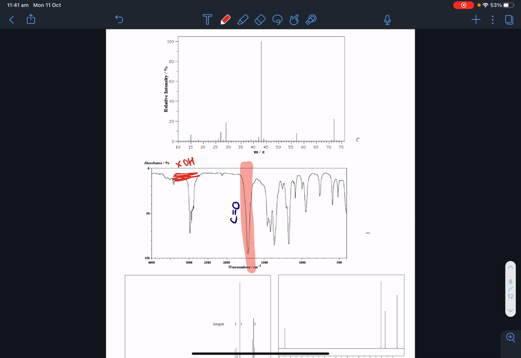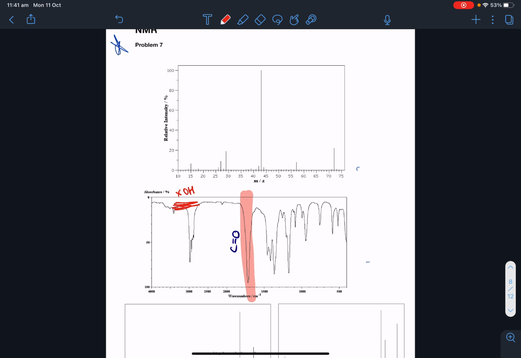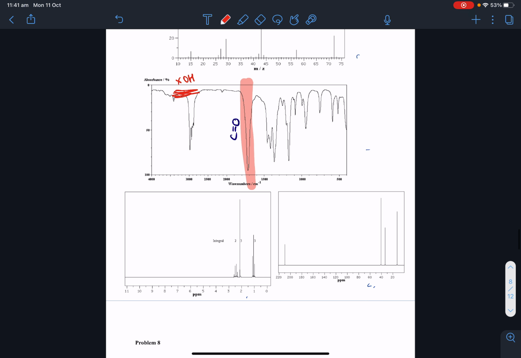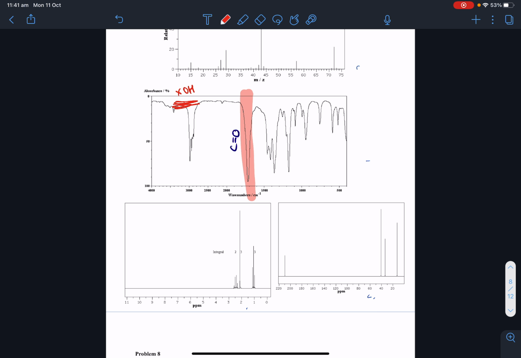Okay, the carbonyl group could be at the end. It could be in the middle somewhere. Okay, so we must have at least an oxygen in there. Okay, and we must have some carbon in there too. Okay, all right. Let's look. So here's our carbon-13 NMR, and I can tell that because it hasn't got any splitting of the peaks, and it's got high ppm numbers, okay?